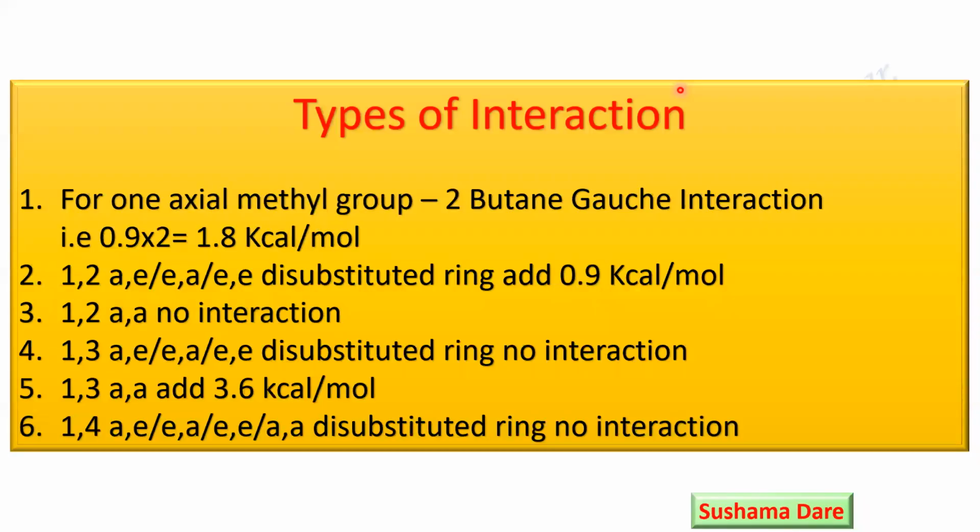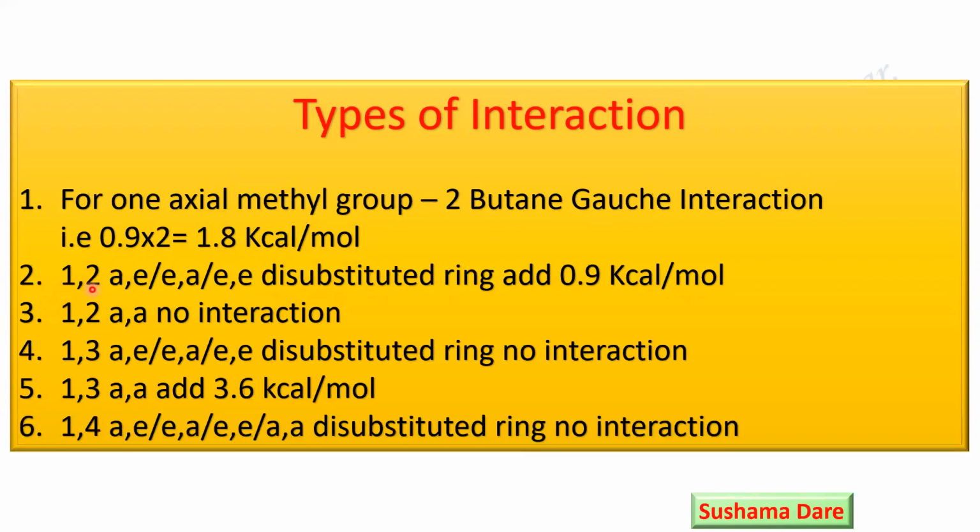Now, what are the different types of interactions? For one axial methyl group, there are two butane-gauche interactions. One butane-gauche interaction counts as 0.9 kilocalorie per mole, so 0.9 multiplied by 2 is 1.8 kilocalorie per mole. If a methyl group is there and that methyl group is axial, there are two butane-gauche interactions, which count as 1.8 kilocalorie per mole.